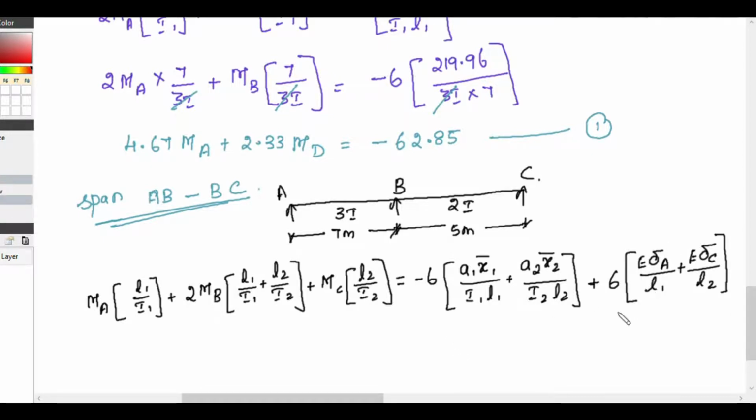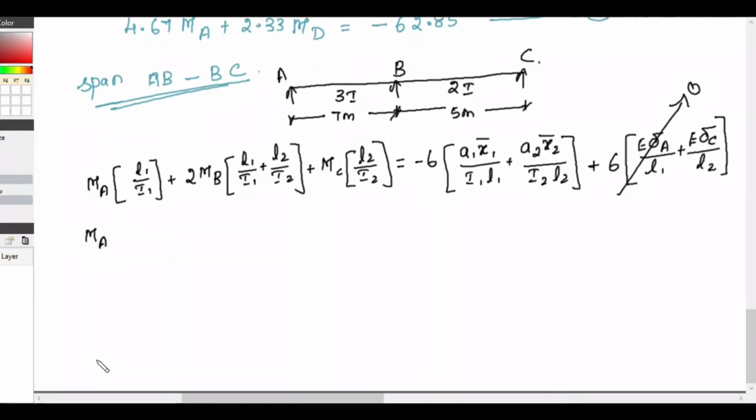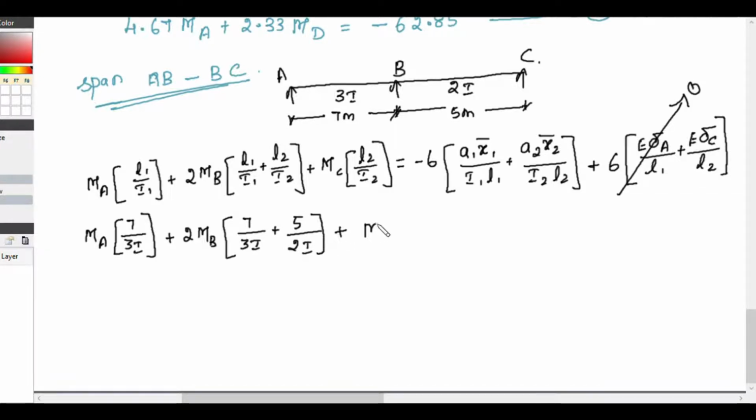So now see, there is no settlement of support, so this becomes 0. So the remaining things are MA into L1 is 7 divided by I1 is 3I, plus 2 times MB into L1 is 7 meter divided by 3I plus L2 is 5 meter divided by 2I, plus MC into L2 is 5 meter divided by I2 is 2I, is equal to minus 6 into A1 x1 bar by I1 L1.